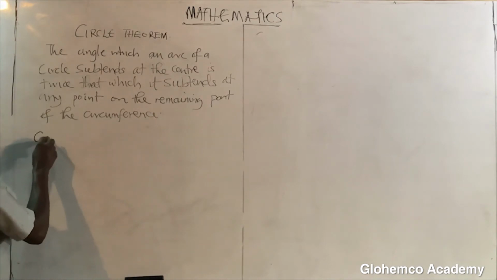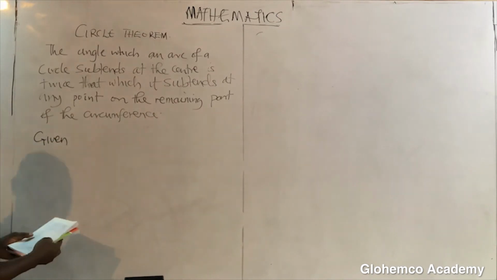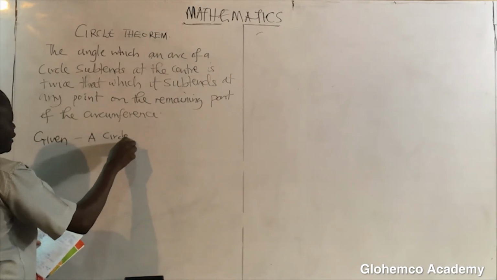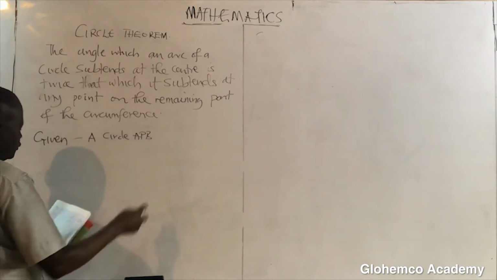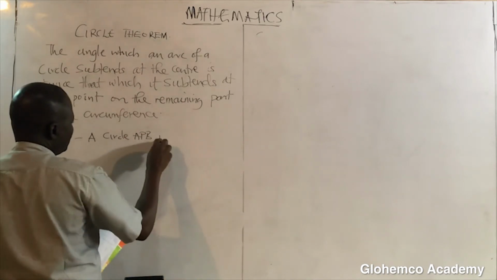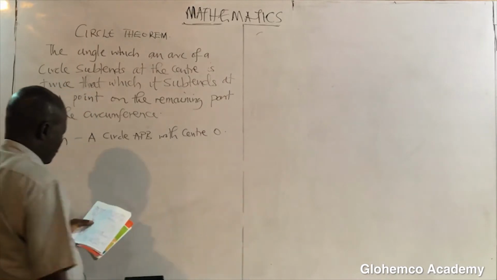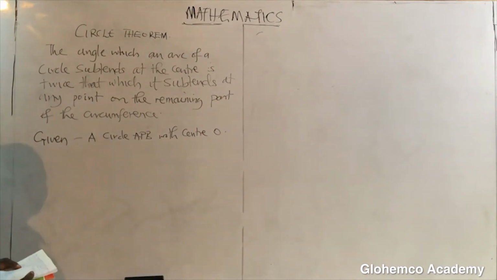What is our given? Our given is a circle APB with center O.